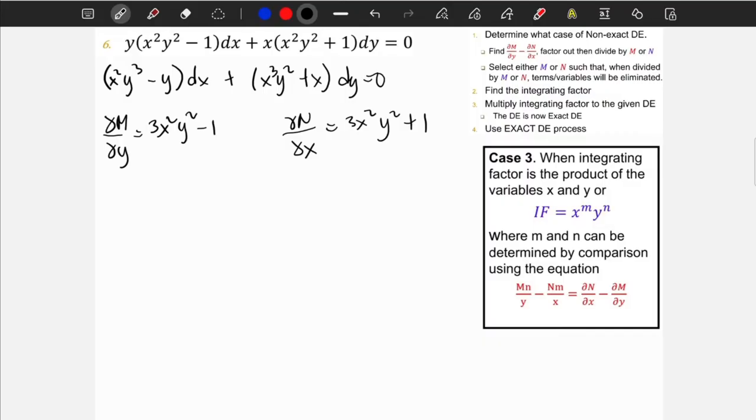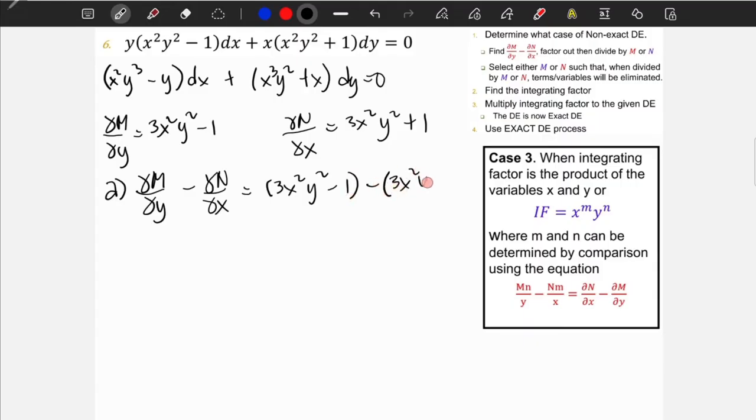To do that, we have to find the difference of the partial derivatives. Partial derivative of M with respect to y minus partial derivative of N with respect to x. Partial derivative of M with respect to y is 3x squared y squared minus 1, minus partial derivative of N with respect to x, which is 3x squared y squared plus 1.